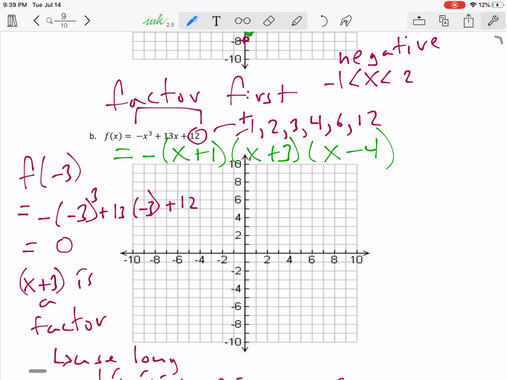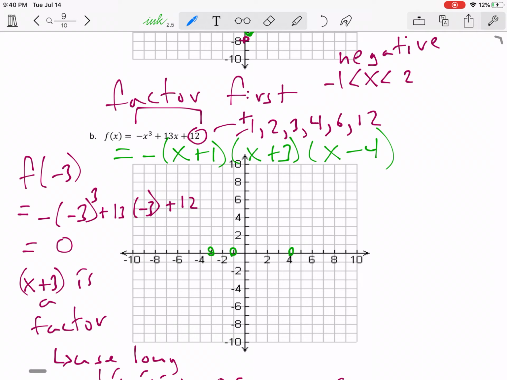Now it's the same thing as before. Just from looking at that, I know you've got your x-intercepts at -1, at -3, and at positive 4.